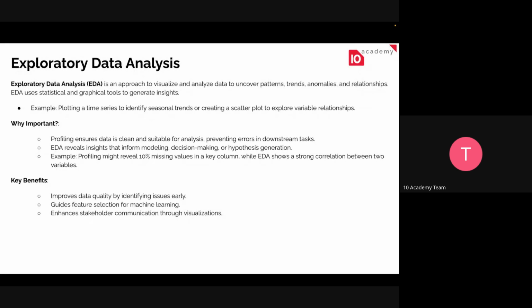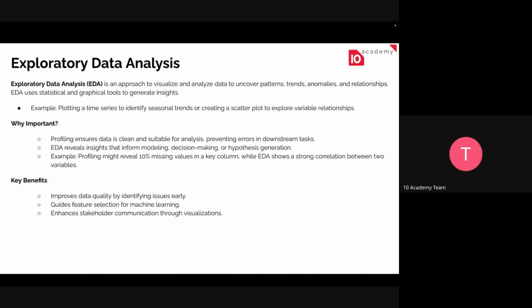So profiling is just to identify if the data is clean or if it has any issues, while EDA is there to uncover patterns, trends, correlations, and relationships.